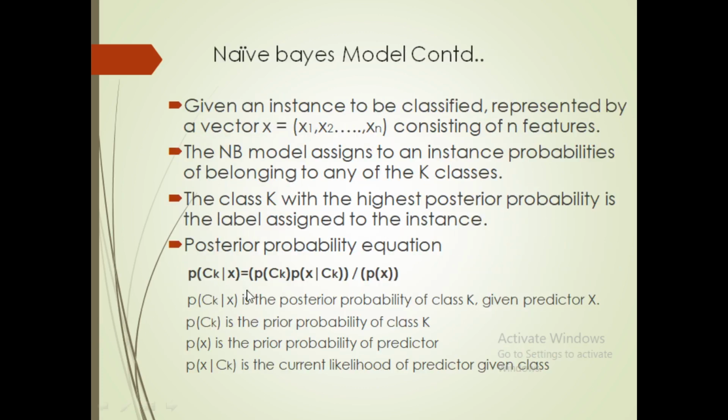In the formula we have seen P of Ck is the prior probability of class k, and the next thing is P of x given Ck, which is the current likelihood of predictor given class. When we multiply these two things, we'll be getting the posterior probability.